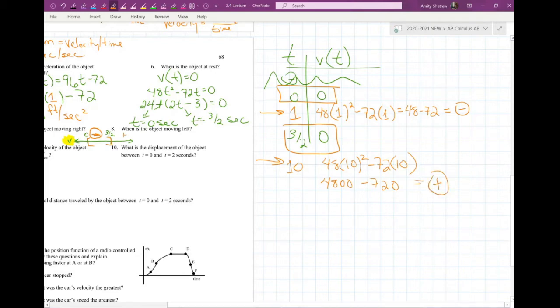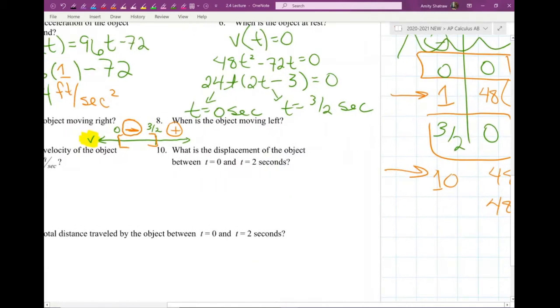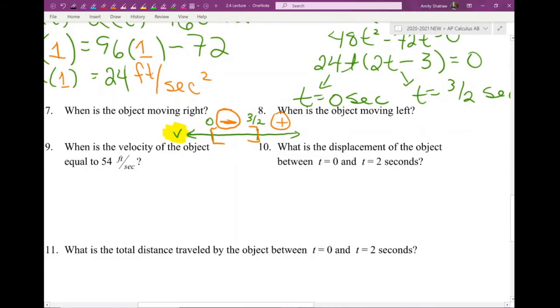And so I can come in here and say, no, in this case, I am not on the freeway. My object starts to move right at 3/2 seconds. So right now I'm going to write that down. I'm going to say the object is moving right when t is greater than 3/2 seconds. Now, if this was one of those moments where I was going to talk about negative time, I would test in this region as well.